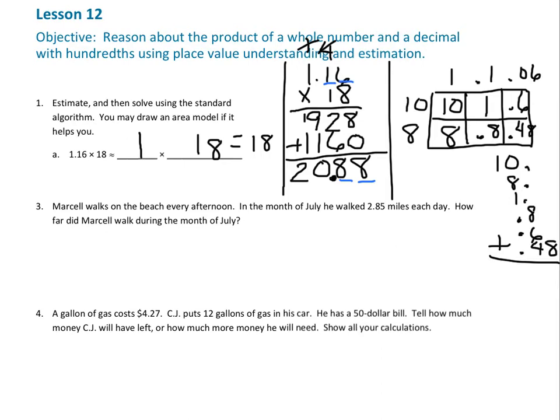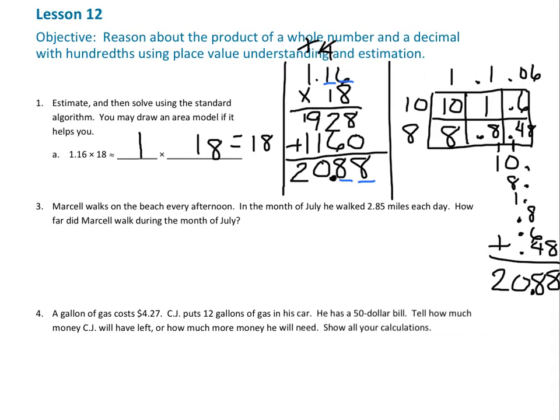Let's add. 8 is in the hundredths by itself, so 8 plus nothing is 8. 6 plus 4 is 10, plus another 8 is 18, so we'll carry a 1. 1 plus 8 is 9, plus another 1 is 10, carry the 1. 1 plus 1 is 2. We insert a decimal in the same place as you line up your decimals when you add, and you get 20 and 88 hundredths, so it definitely checks out.